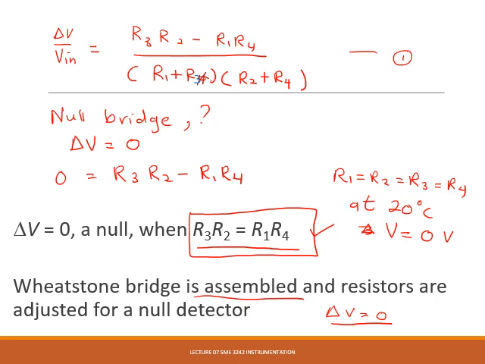By using the Wheatstone bridge, we will be able to achieve this condition, meaning we can design it such that the output becomes 0 volt when we measure at 20 degrees Celsius.